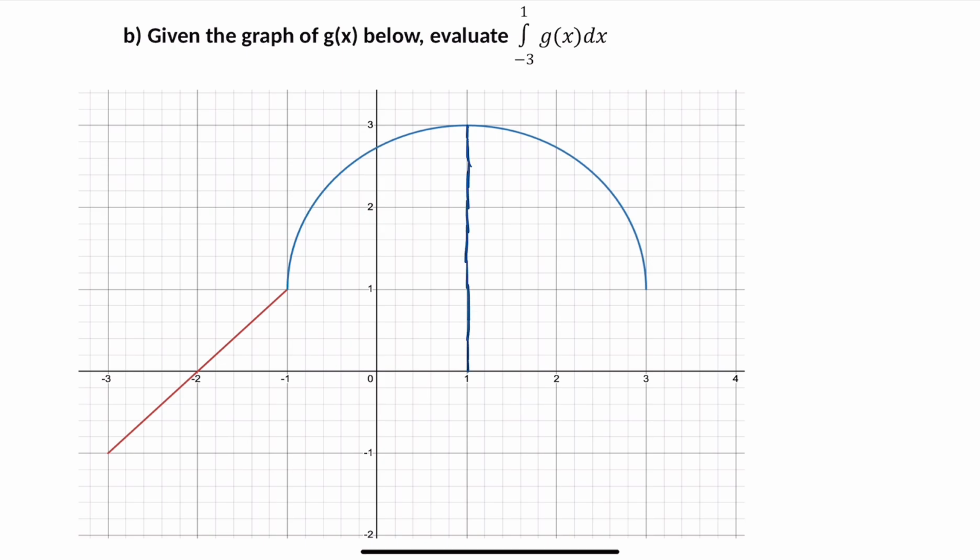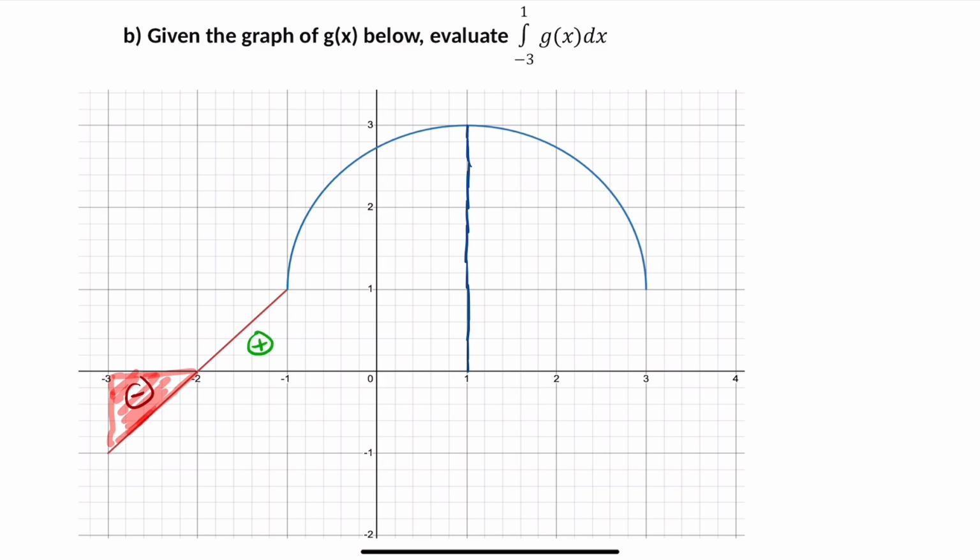So I'm just going to do that right now to avoid any mistakes. And so I see from -3 to -2, I can form a triangle here with an area right here. And that's below the x-axis. And we can color code this in. And then from -2 to -1, we also have another triangle, but it is above the x-axis this time.